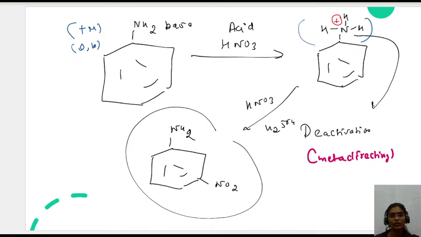Is this point clear now? I guess you already know activating and deactivating groups: when negative charge, activating; when positive charge, deactivating. Sorted? So that's why. I guess the nitrogen part is covered and the exception part is this only.